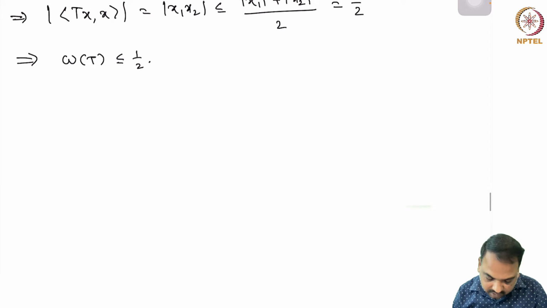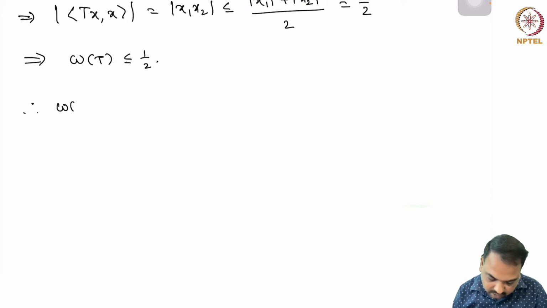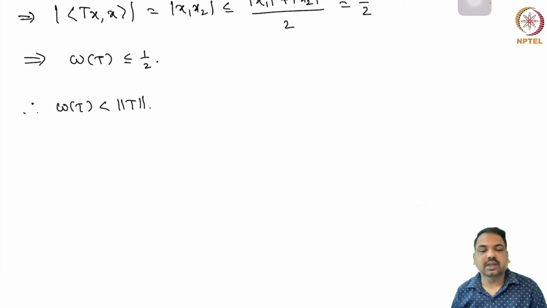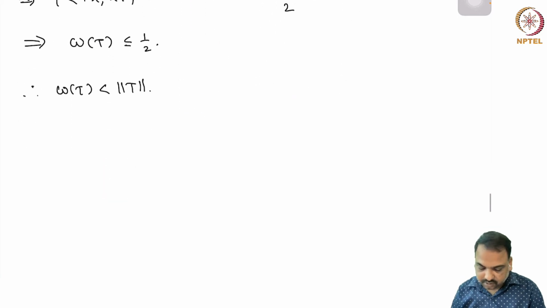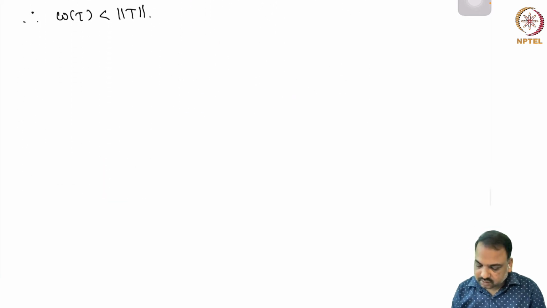So the conclusion is that the numerical radius of T is strictly less than the norm of T in this case. Now we can ask the question: are there any operators where the numerical radius and norm of the operator are the same? In fact we can prove this for any self-adjoint operator.